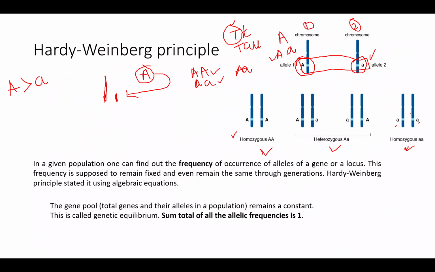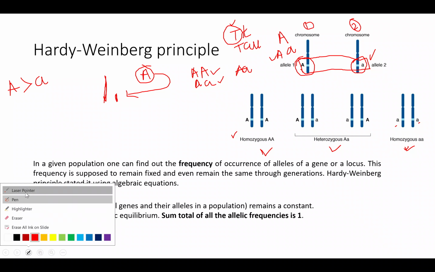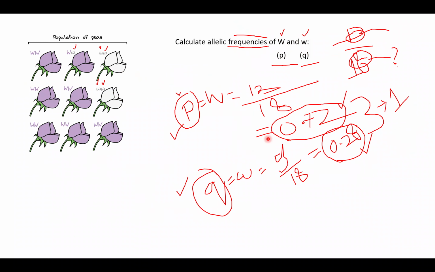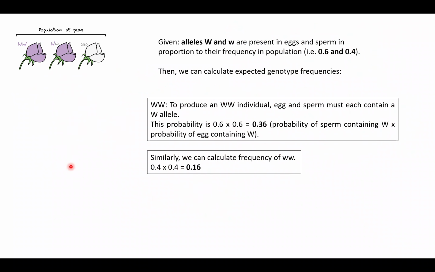If you remember the definition, the Hardy-Weinberg principle defines this frequency of occurrence of alleles in terms of an algebraic equation. Not a very difficult equation. I'll show you how we can express this in terms of an algebraic equation with this example.